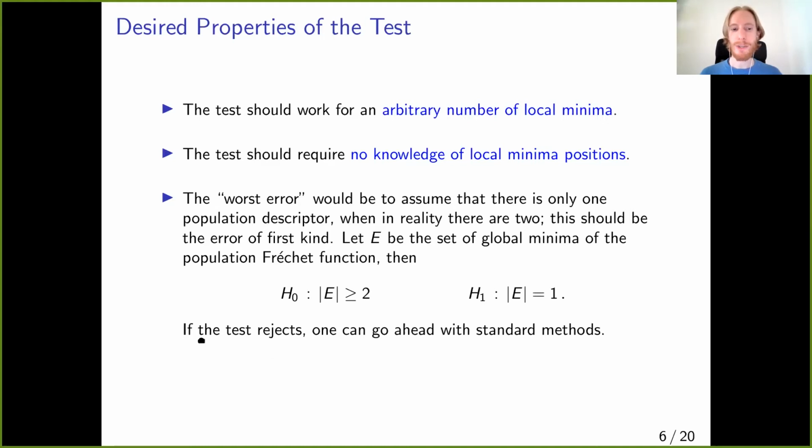So if our test rejects, we can say that at the confidence level of the test, we have a unique population descriptor, and therefore we can go ahead with standard methods. And if our test doesn't reject, that tells us we might want to be cautious.